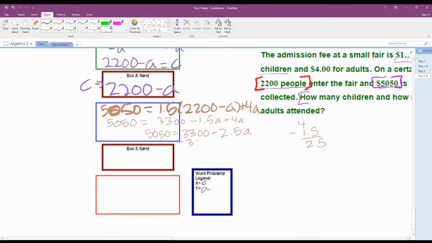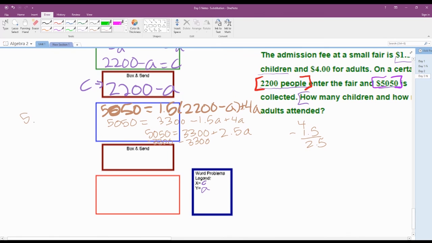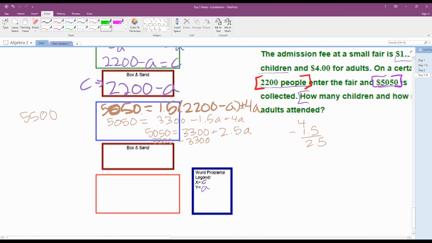Okay, so this is actually the second time I did this problem, and I realized the mistake I made. When I rewrote this problem off to the side, I had written 5,500 instead of 5,050. And when I got to the end, I was off. So I had to redo it.